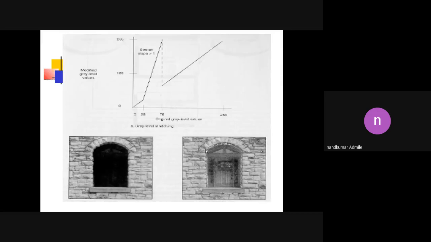Hello. Yes, can anyone explain? Roll number 34, Bhushan, have you understood it?